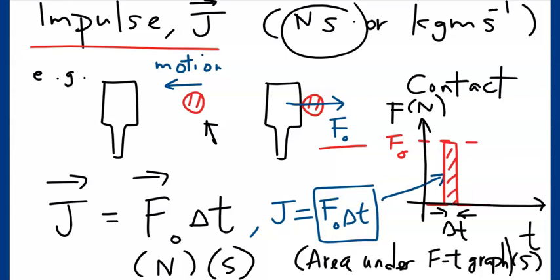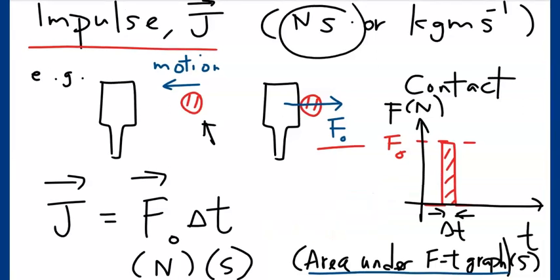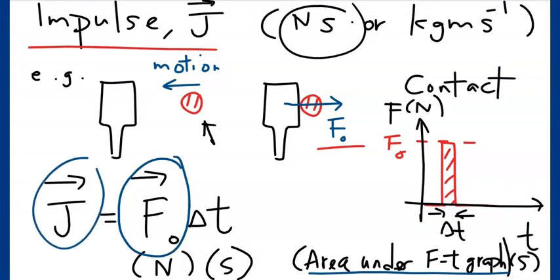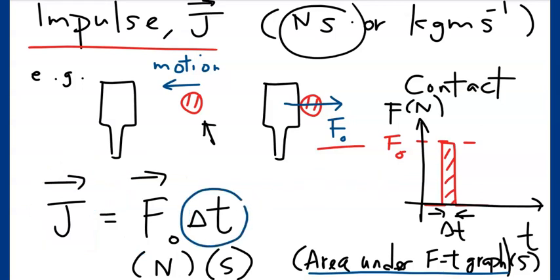So a graphical interpretation for impulse is that impulse also equals the area under the force-time graph. We should add that the force that gives rise to impulse is a force of very short duration. So it's common to have delta t within the range of milliseconds.